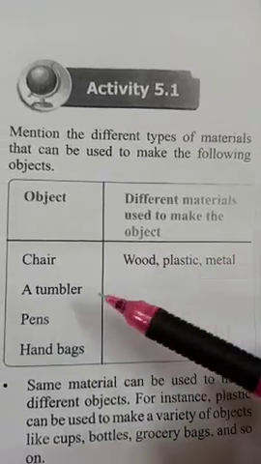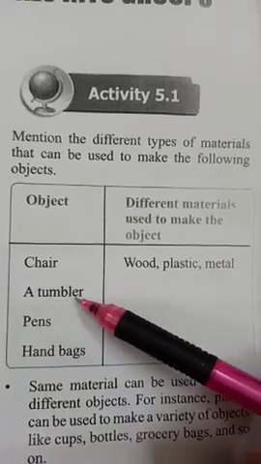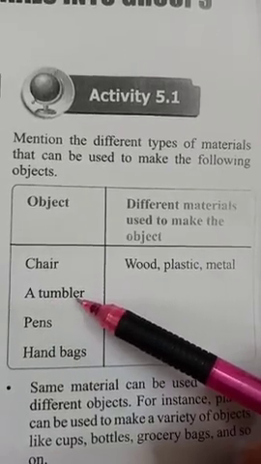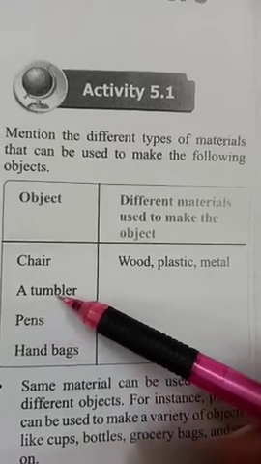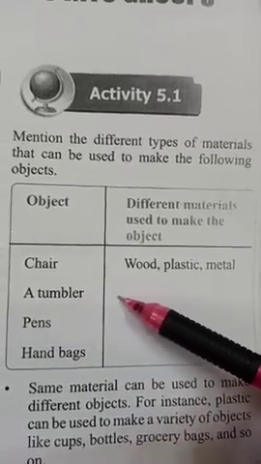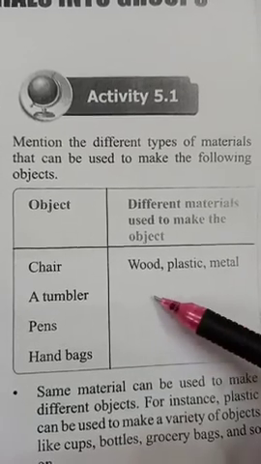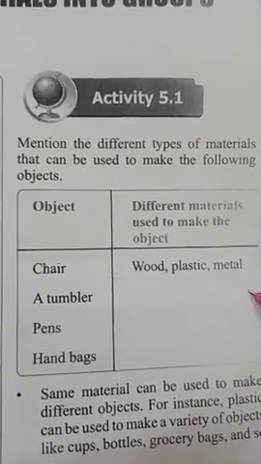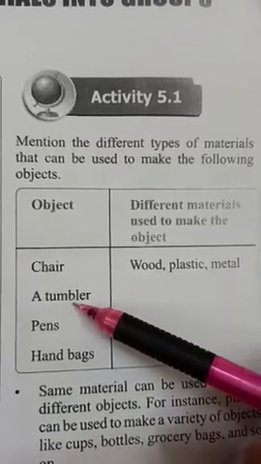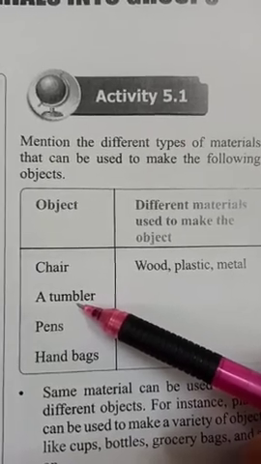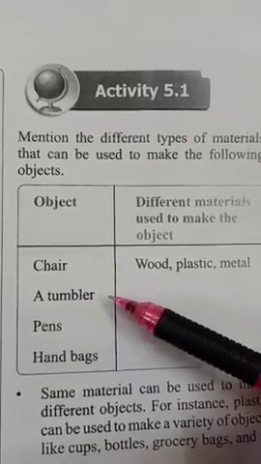In the same way, a tumbler, means glass, in which you drink water. A tumbler can be made from different materials. So here you can write different materials from which a tumbler can be made.